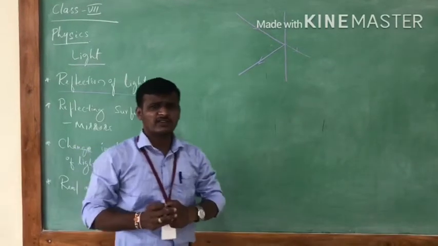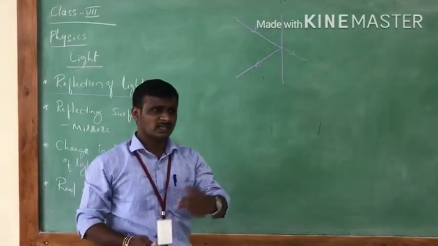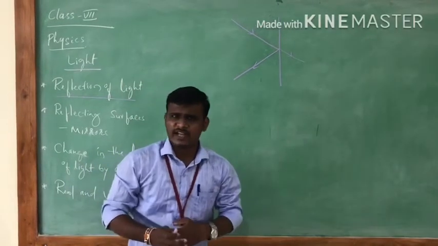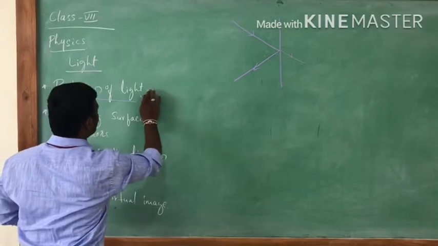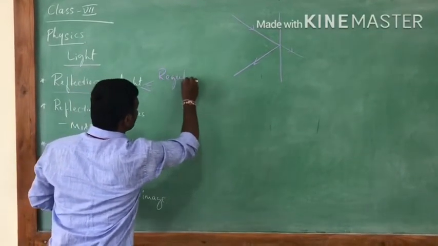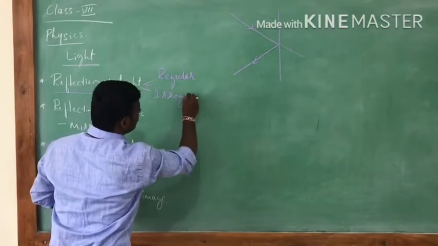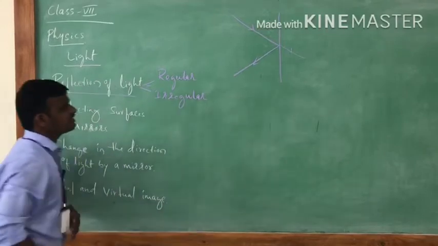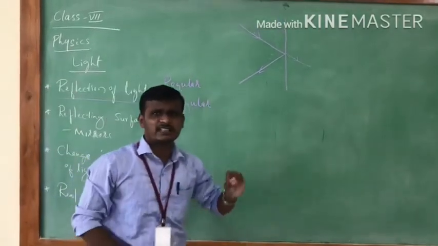In reflection of light we are going to study two types, that is regular reflection and irregular reflection. First, regular reflection of light.